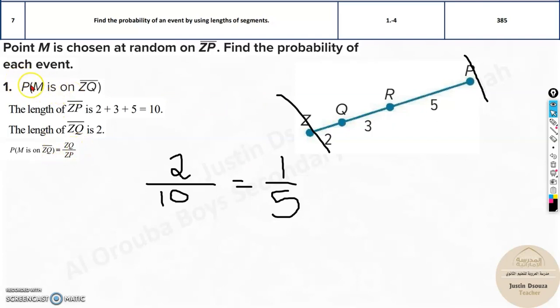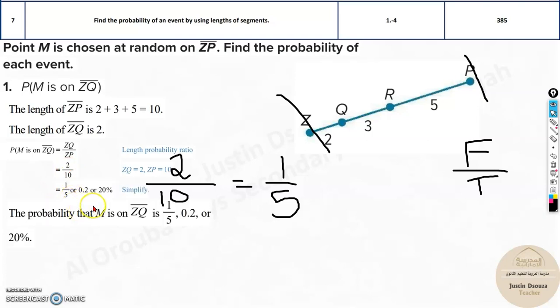The probability for the point on this line ZQ would be the distance of ZQ divided by the total distance. As we know, it's favorable divided by total. The total here is ZP. Favorable is ZQ. That's it. Substitute and you'll get the answer. It's 20%. So the answer is 20% that the point M will be within this line ZQ.